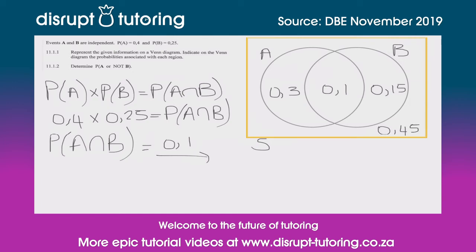We move on to 11.1.2, and here they ask us to determine the probability of A or not B. Right, so let's write that out. So it's the probability of A or not B. And there's a nice useful formula that we can use to calculate this, and it's going to be the probability of A minus the probability of both of the events happening.